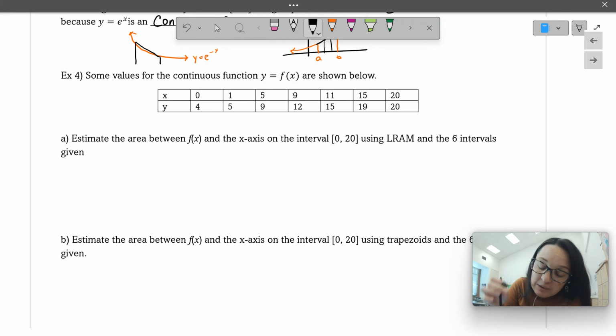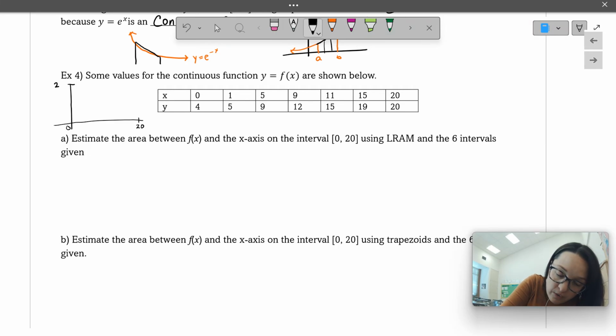So this says, estimate the area between f of x and the x-axis on the interval from 0 to 20 using LRAM in the 6 intervals given. Okay. So if I wanted to, and if you want to, you can always sketch a graph and say, all right, let's see, x goes from 0 to 20, and y goes up to 20 as well.